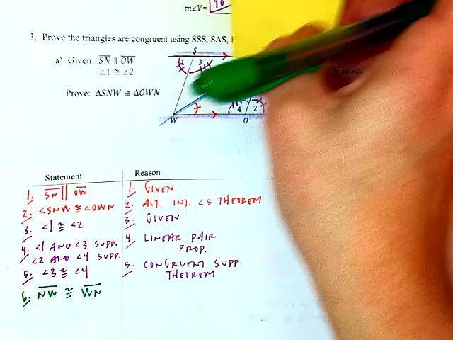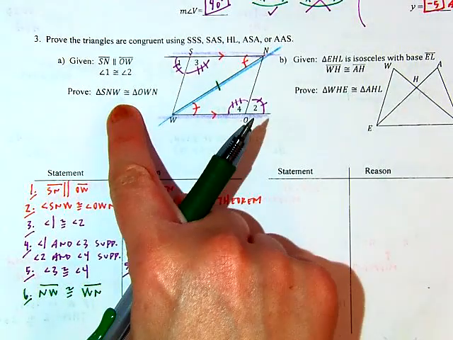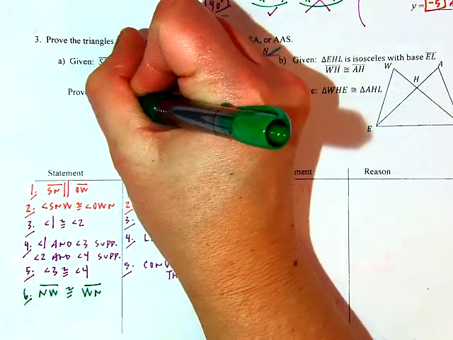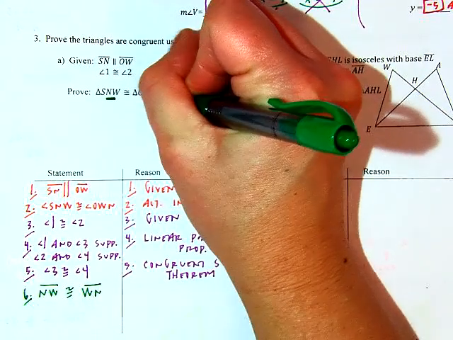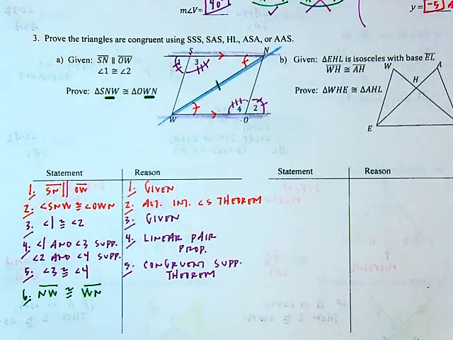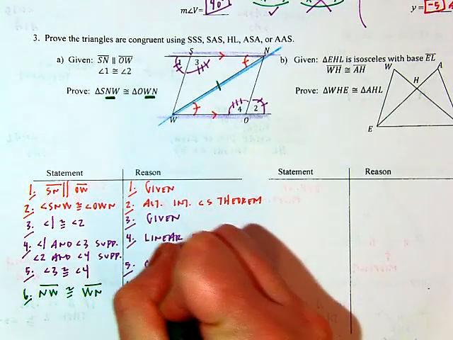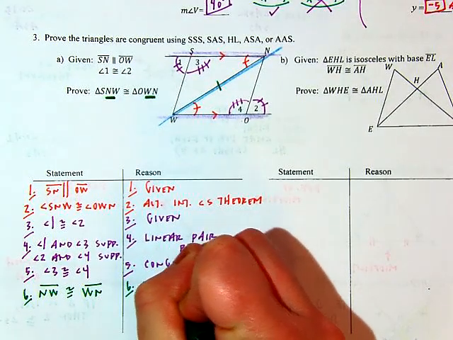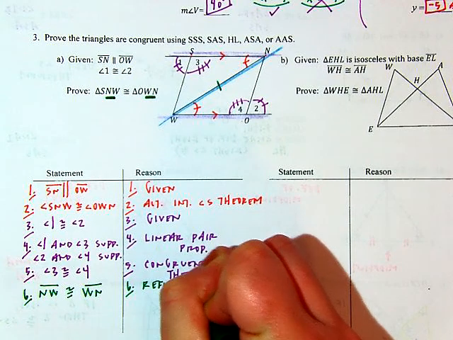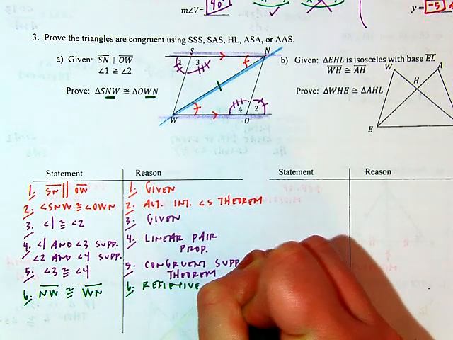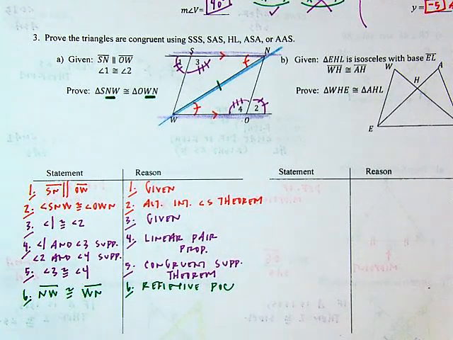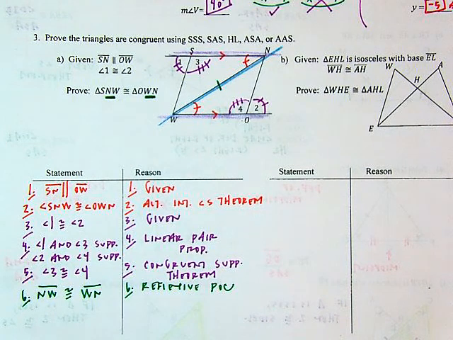I can also see it back here in my statement. So NW right here will correspond to WN right there. Regardless, it's the reflexive property. Okay, and now that I have my two pairs of corresponding angles and my one pair of corresponding sides, I can say that my triangles are congruent.